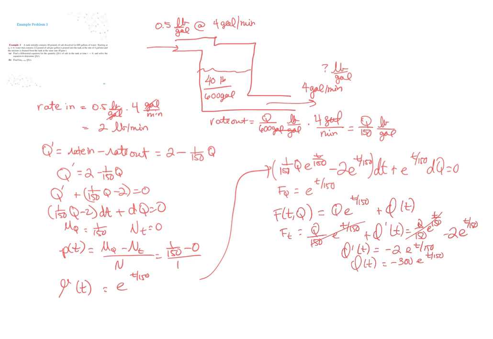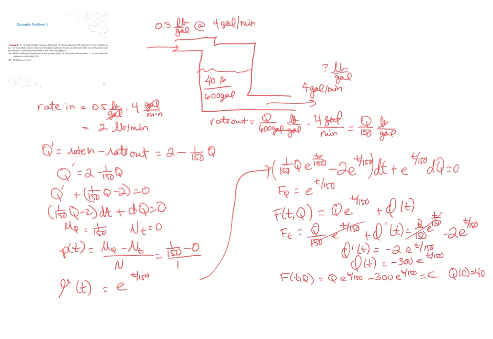If we plug this back in, we find that f of t, Q then equals Q e to the t over 150 minus 300 e to the t over 150, which is also equal to C. We also know at the very beginning that at time 0, there were 40 pounds of salt in the tank.